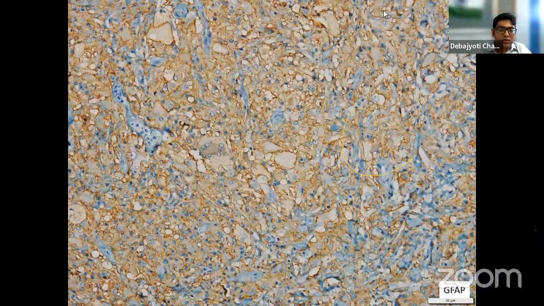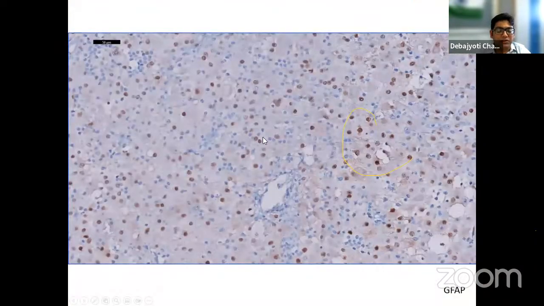This is mislabeled, I'm so sorry. This is CD68, which highlights these histiocytes. You can see this histiocyte cytoplasm showing granular positivity for CD68. IgG4 was also performed, which was negative. And this is cyclin D1.